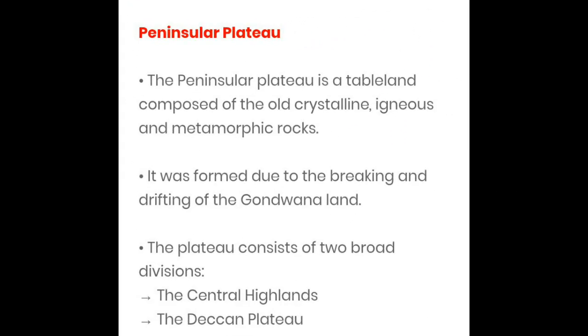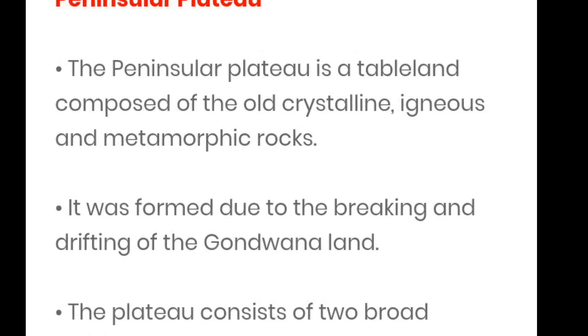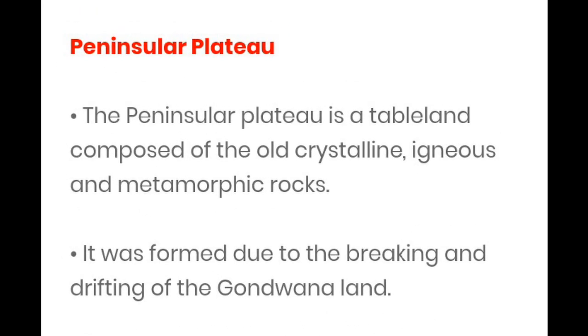The Peninsular Plateau is a tableland composed of old, crystalline, igneous and metamorphic rocks. The second feature of the Peninsular Plateau is that it was formed due to the breaking and drifting of Gondwana land.